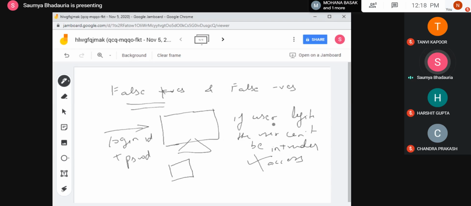Such a case is referred to as a false positive. Okay, so what does this mean? You are categorizing a legitimate user as an intruder. Clear? Any doubt?